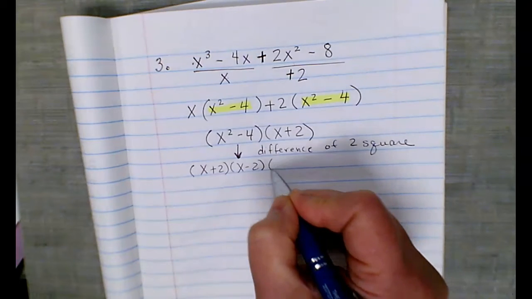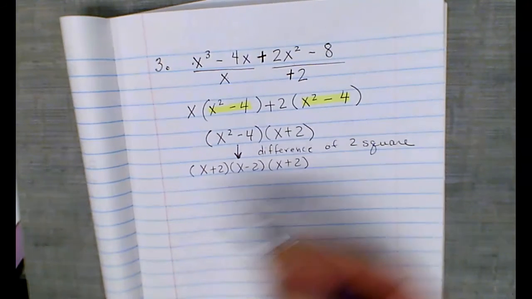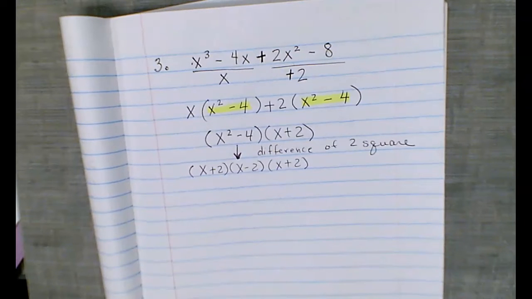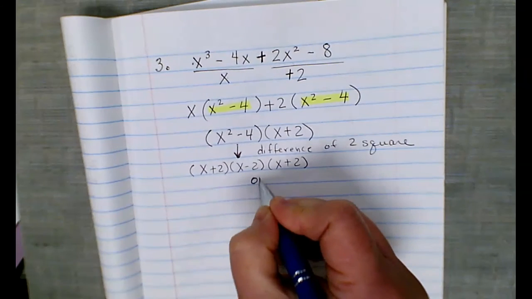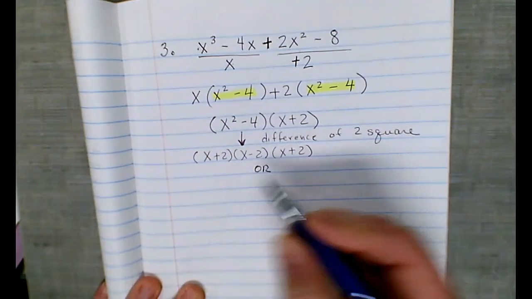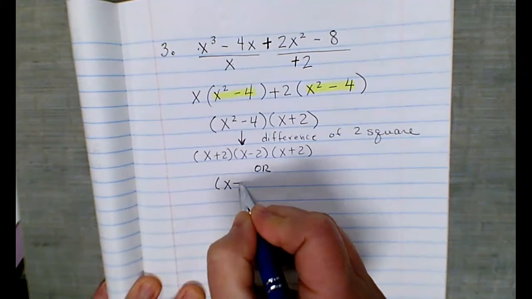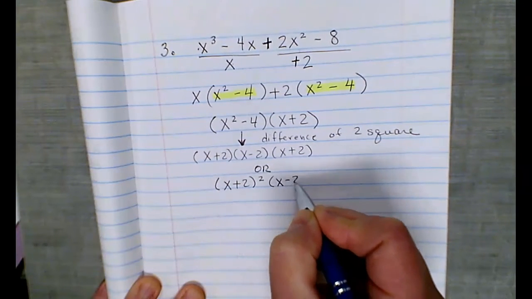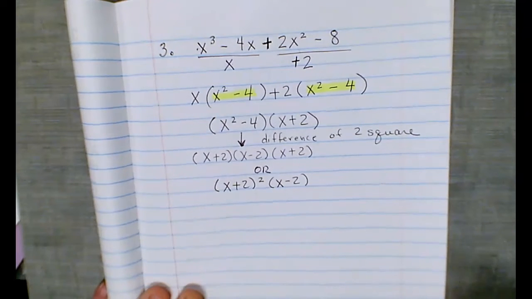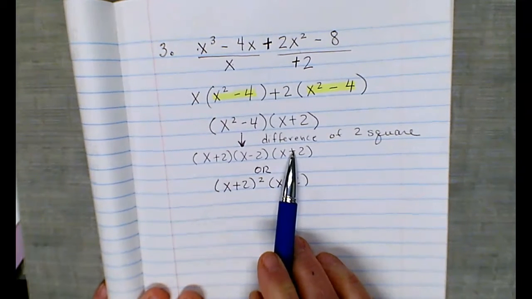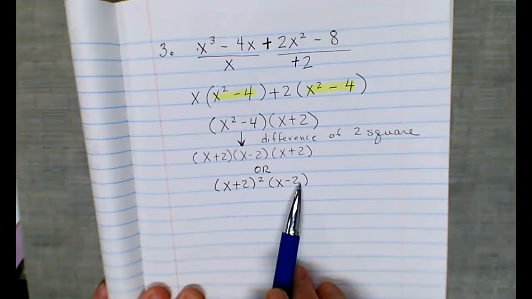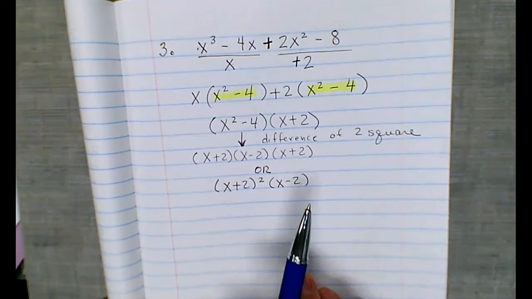And then this one is the x plus 2 that's on the end. Yes, that is the answer. Or you could write it as x plus 2 squared times x minus 2. You don't have to, but that's the same. It's x plus 2 squared times x minus 2. You don't have to.